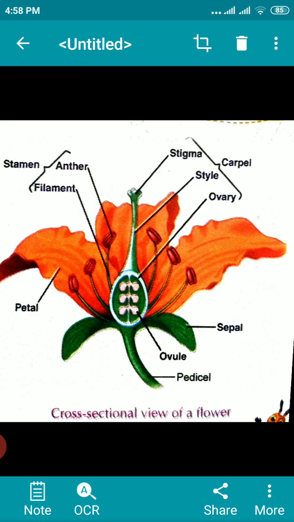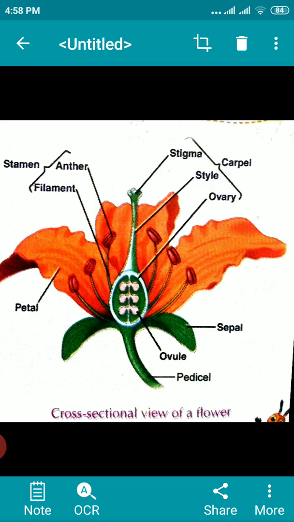Now the style is a long slender stalk that connects the stigma and the ovary. The third part, the lowest one, is called the ovary. This is the thickened lower part of the flower which holds small bead-like particles known as ovules.